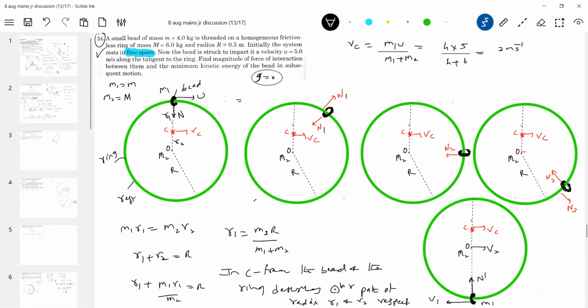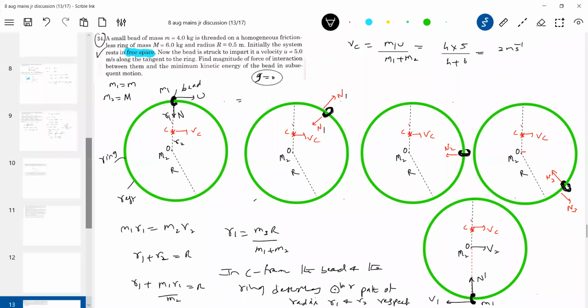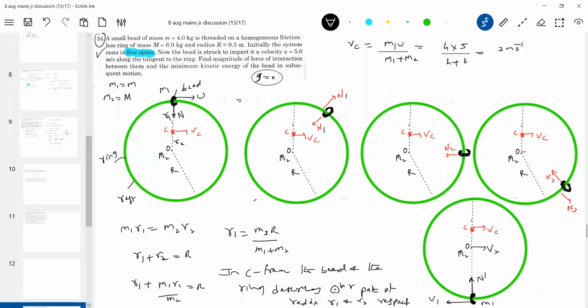So therefore, what is the force of interaction? N should be equal to M1 times the velocity of the bead with respect to center of mass, U1C squared by R1. That is what has to be calculated, and first we'll calculate that part.